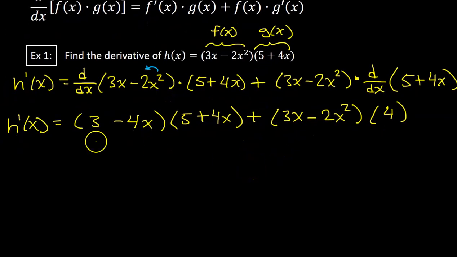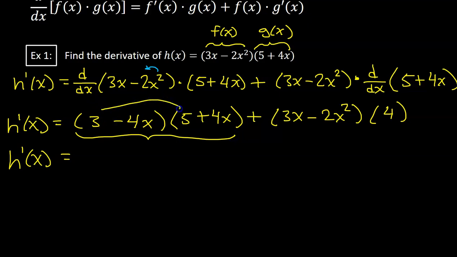So now I've done the calculus part. The rest is just pre-calculus. We're just distributing and simplifying. So my h prime is going to be, let's go ahead and do the double distributive property on this part. I'm looking at this 3 and I'm going to distribute that twice.